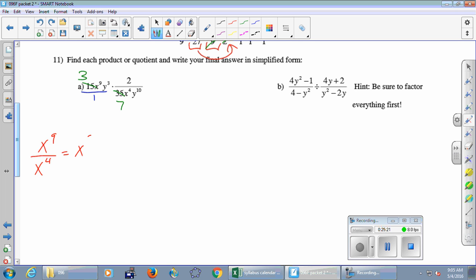Well, it depends on where you put it. For me, I'd put 5 on the top. So this x to the 9th becomes an x to the 5th on the top. And the x to the 4th downstairs just becomes a 1, which I won't write. Go ahead and do the same thing right now with the y's. Upstairs there's y cubed and downstairs there's y to the 10.